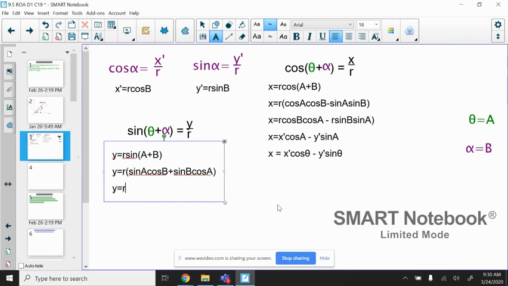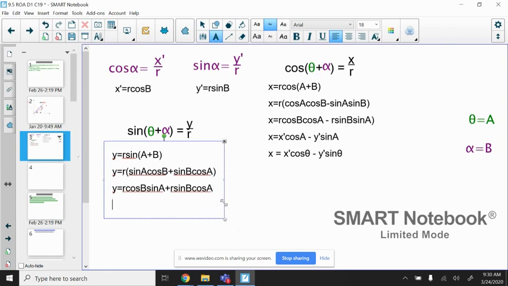So we have r times the cosine of angle B times the sine of angle A plus r times the sine of angle B times the cosine of angle A. I'm then going to recognize that I have substitution opportunities here.